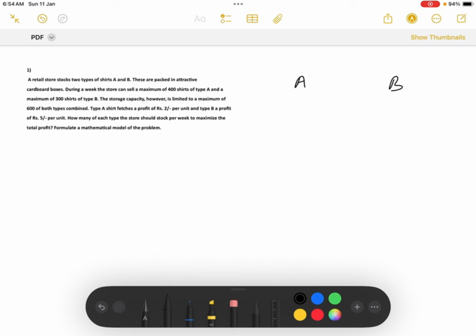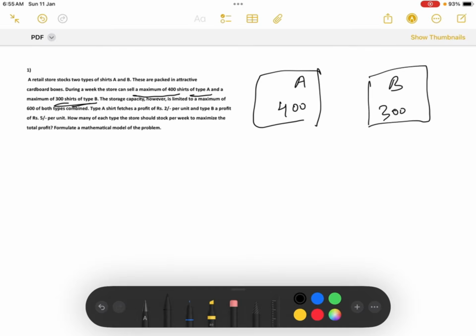During a week, the store can sell a maximum of 400 shirts of type A. Just by looking at the sentence, we can know that it is a constraint here, because the maximum of shirt A we can sell is 400. Let us read ahead: and a maximum of 300 shirts of type B. So now 300 is the maximum of B.